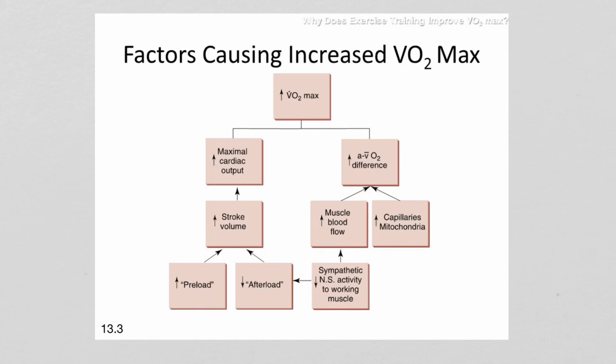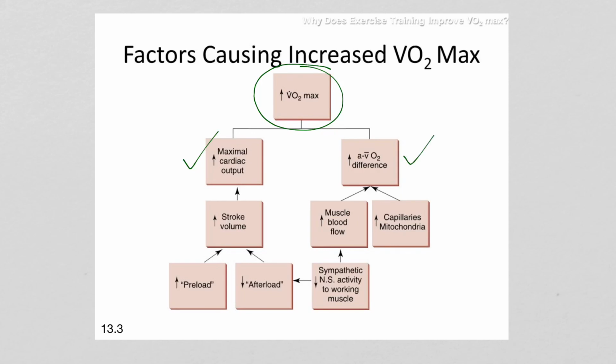So to summarize this lecture, we can also do that with the same figure, 13.3. The increase in VO2 max, which is shown here at the top, is of course due to an increase in your cardiac output and an increase in your AVO2 difference.